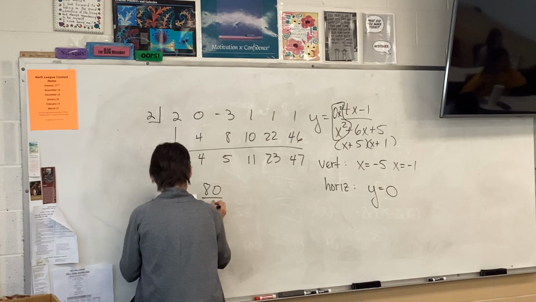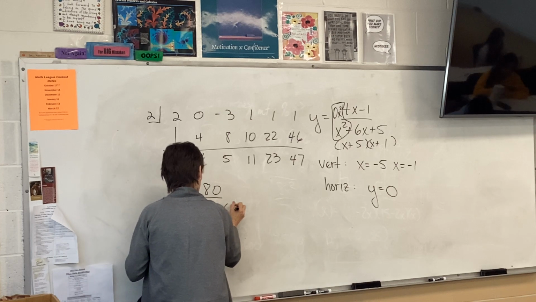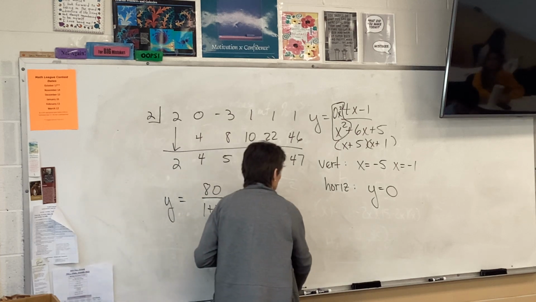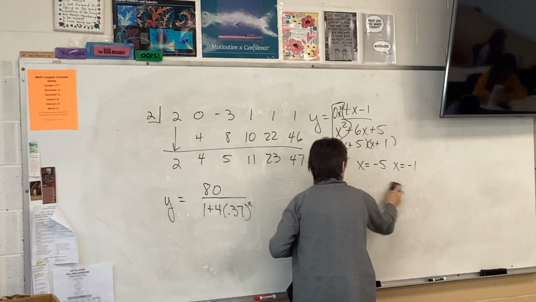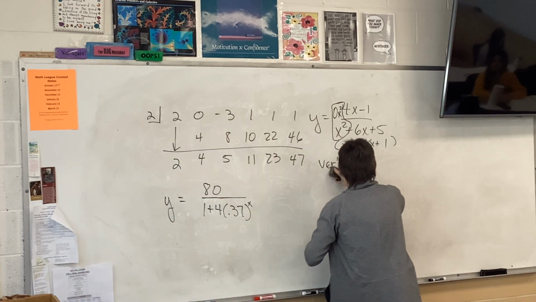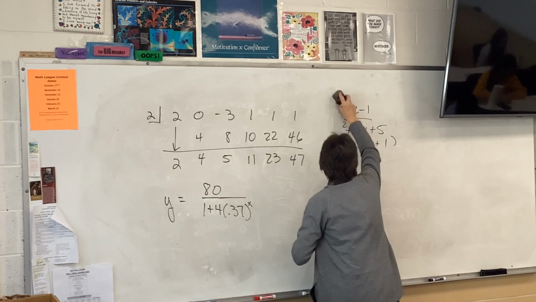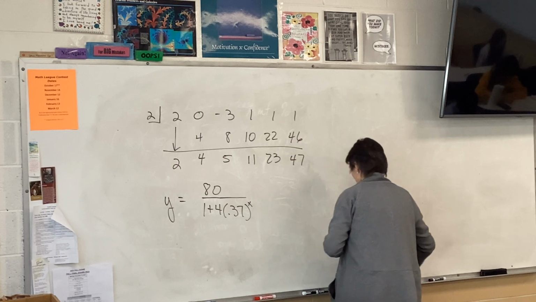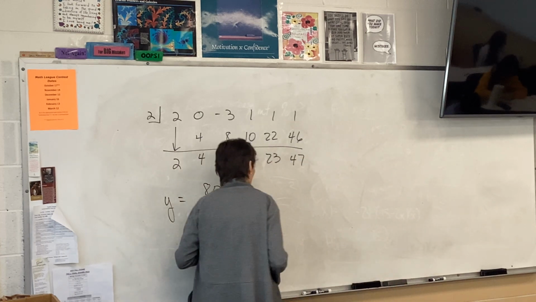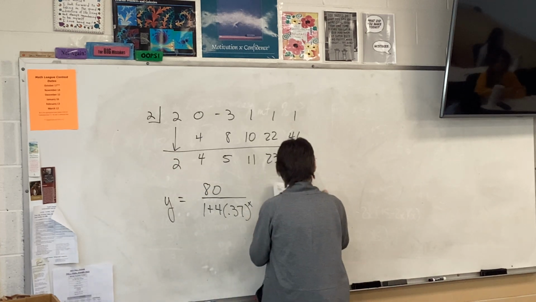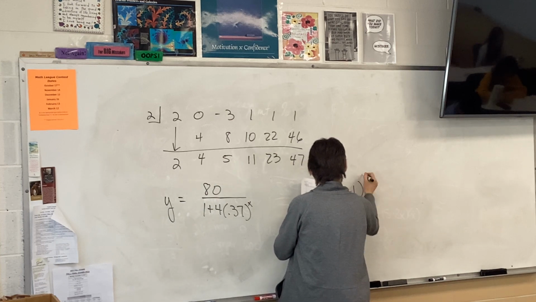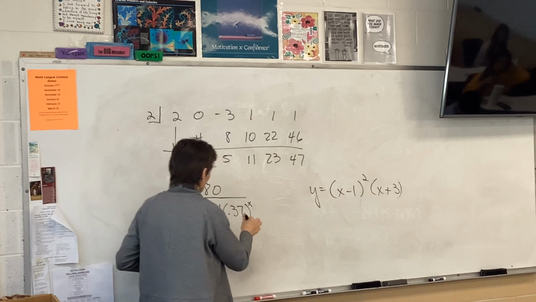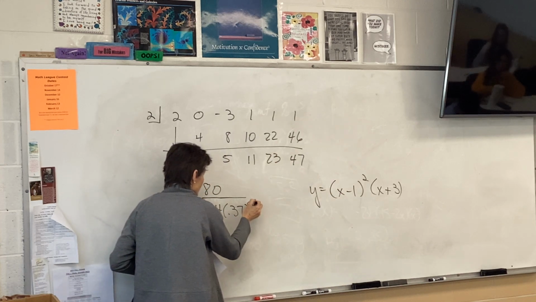We did this one yesterday too. How do you find a y-intercept? You let x be 0. So no matter what the equation looks like, if I want the y-intercept, I'm gonna put a 0 in for my x.